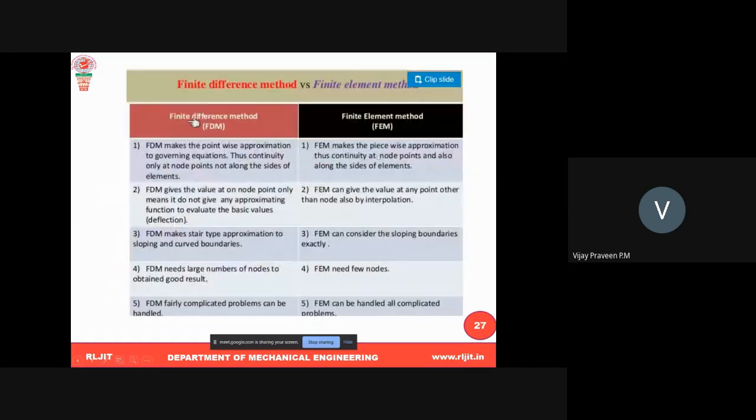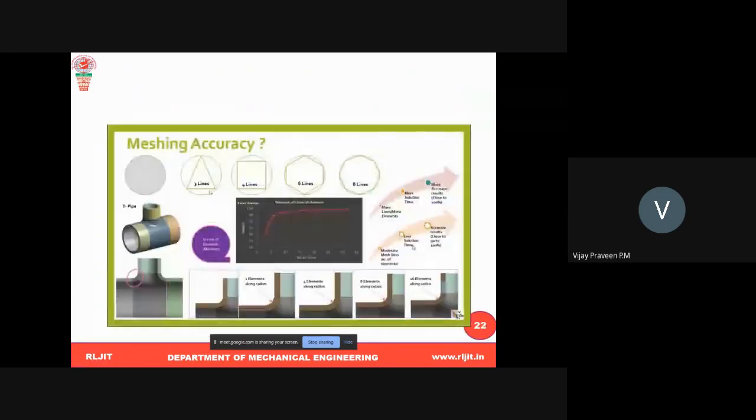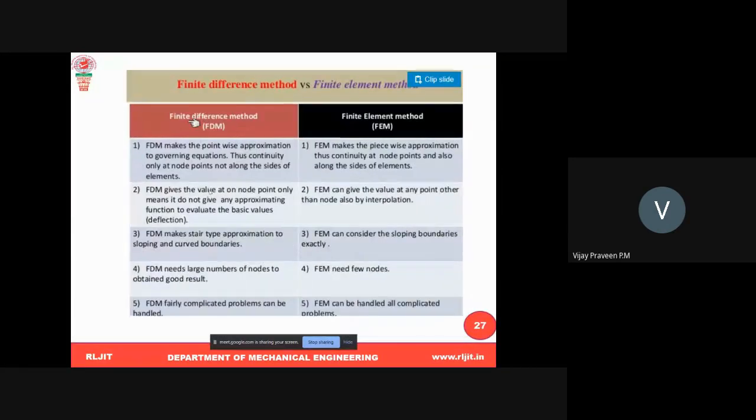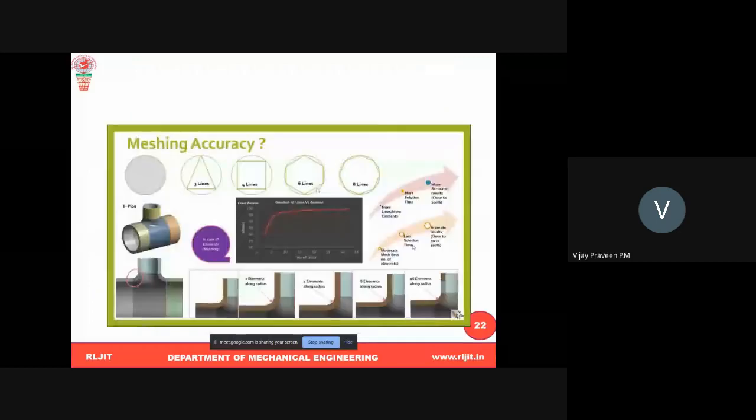Got it? Yes, sir. The second one: FDM calculates the value only at the points, because it only calculates values at the nodes, not within the element. It nowhere uses elements. Therefore, it does not give an approximate function. But FEM can give the value at a point, and you can also get it in between the elements.